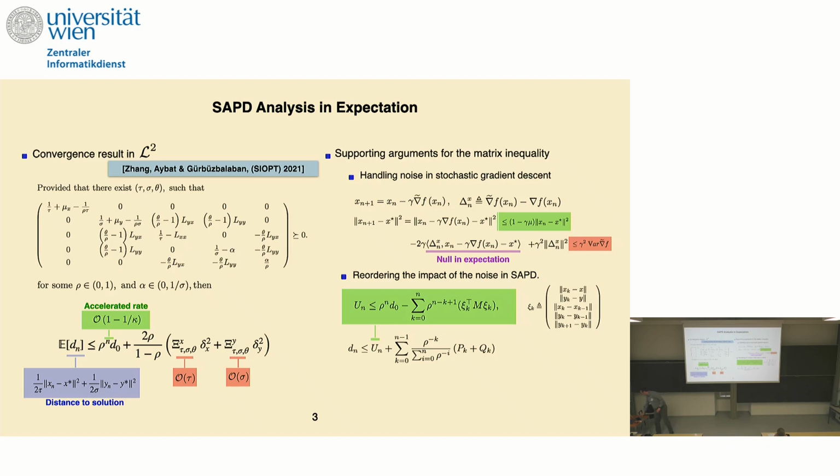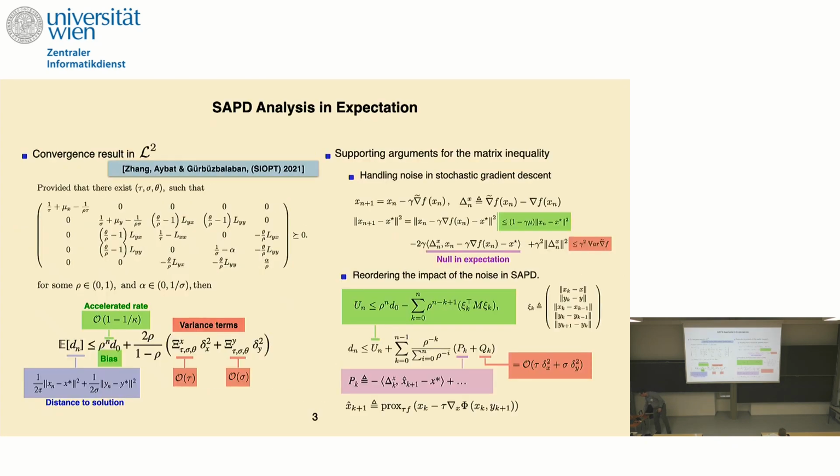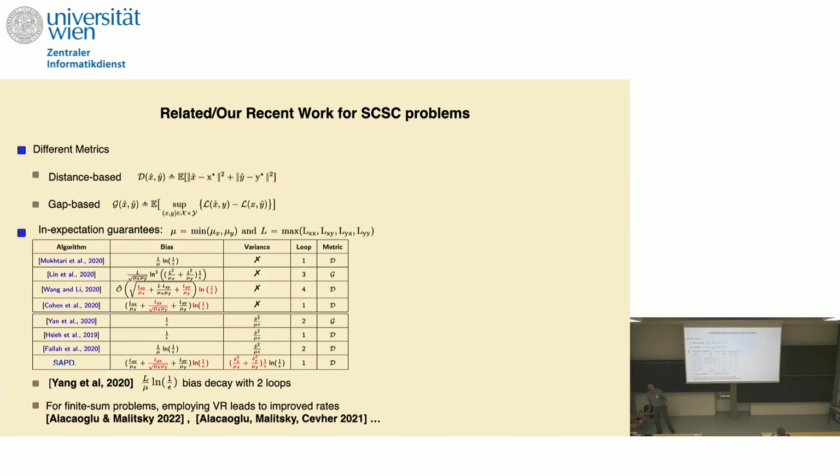There's a bit of a challenge because when you use prox terms, prox makes things a bit more complicated. But at the end of the game, you have some terms that are null in expectation, and you have certain terms that can be controlled by your step size. And with this kind of logic, if you choose the parameters in an optimal way to do the trade-off of these 2 sums, it turns out that you can get almost optimal methods.